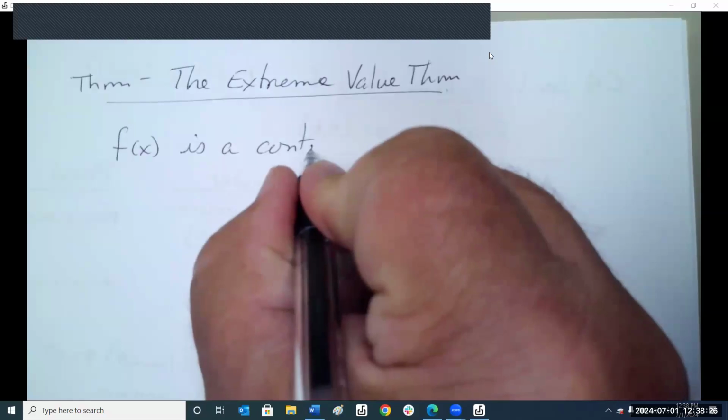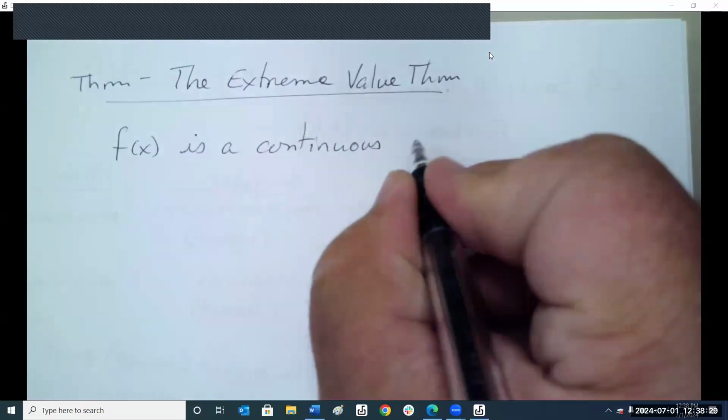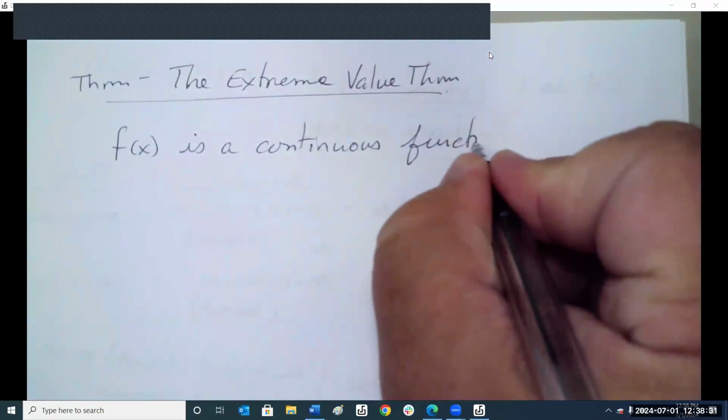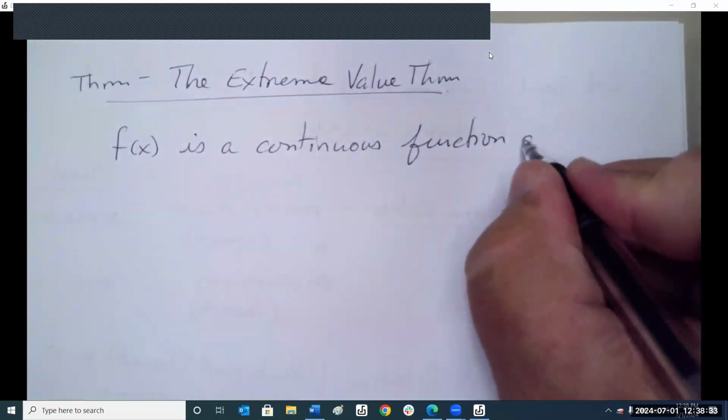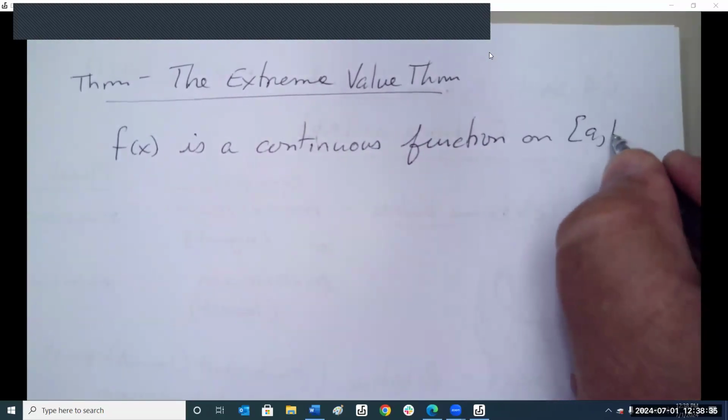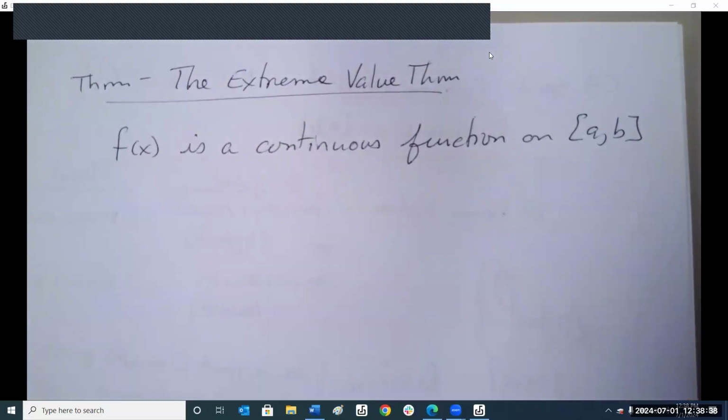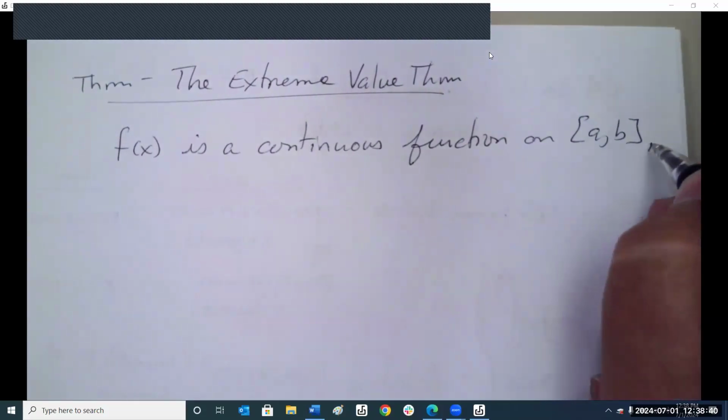f of x is a continuous function on some closed interval [a, b].